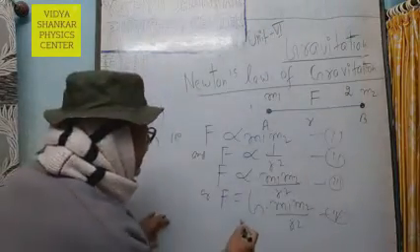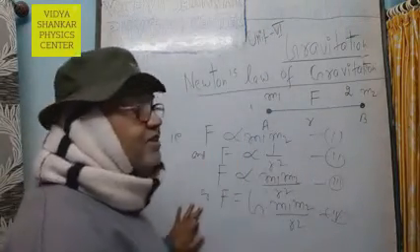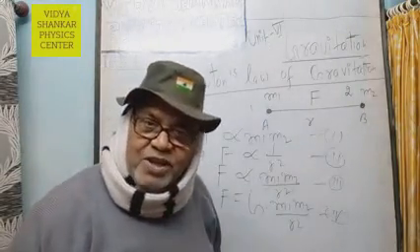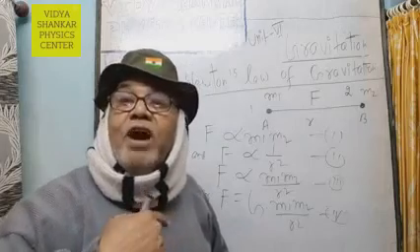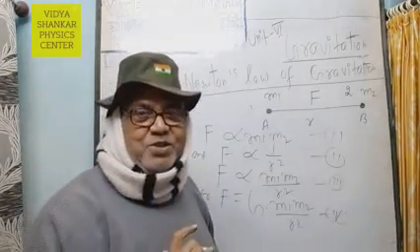Now, G is the gravitational constant which is called universal gravitational constant.